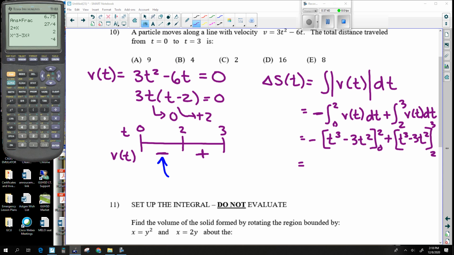So as I said, this is coming out to a negative answer. This would be a negative answer if I didn't counteract it. So negative, negative, positive 4 plus 4.